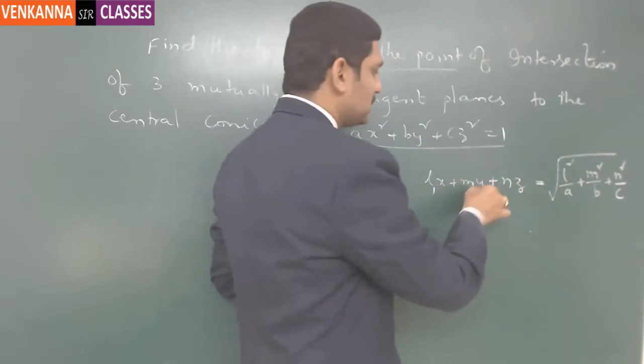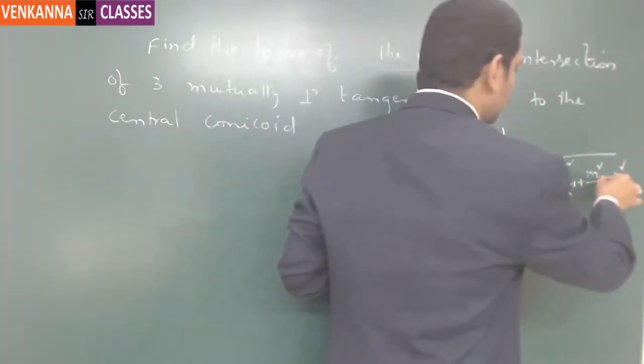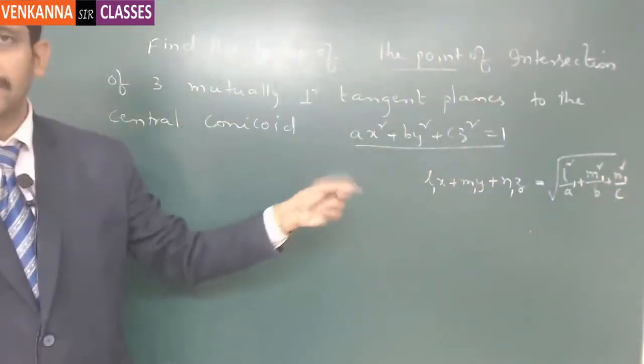L1x plus M1y plus N1z is equal to the square root of L1 square by A plus M1 square by B plus N1 square by C; this is one tangent plane.